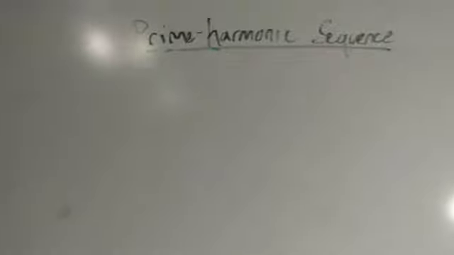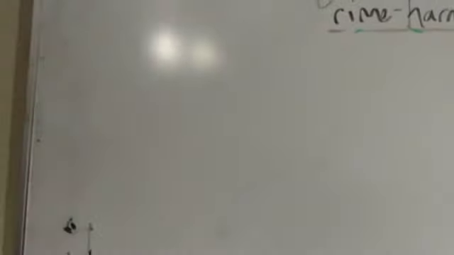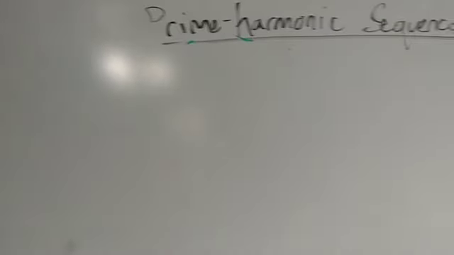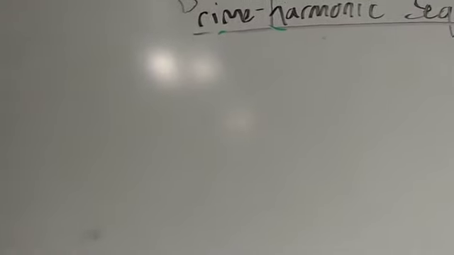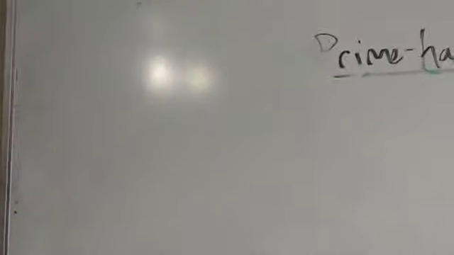Instead, what I'm going to do now is simply write out the prime harmonic sequence in the two bases, in prime base and then in base 10. I'm just going to fill the board, and then I'll be done with this video. So let's start.